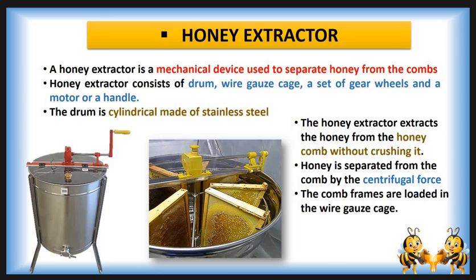The comb frames are loaded in the wire gauze cage. It is rotated at a speed of 60 rpm. The rotation should be very gentle at first and the speed of revolution is increased gently. When the honeycombs are rotated, the honey is thrown out into the reservoir of the honey extractor and the comb frame is reused.